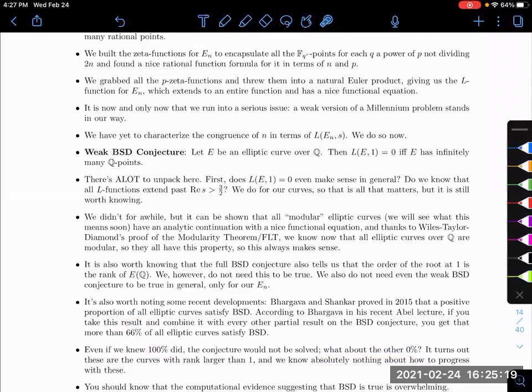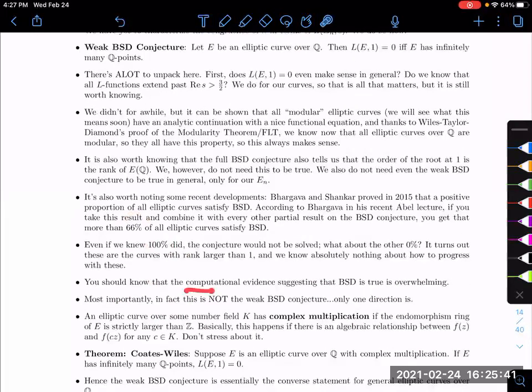It turns out these are the curves with rank larger than 1, and we know absolutely nothing about them. So even if we knew BSD, statistically speaking, was true for 100% of elliptic curves, we would be quite far from resolving the BSD conjecture. However, like I said earlier, there is still computational evidence even for these curves of rank larger than 1, and it's still overwhelmingly likely that BSD is true.